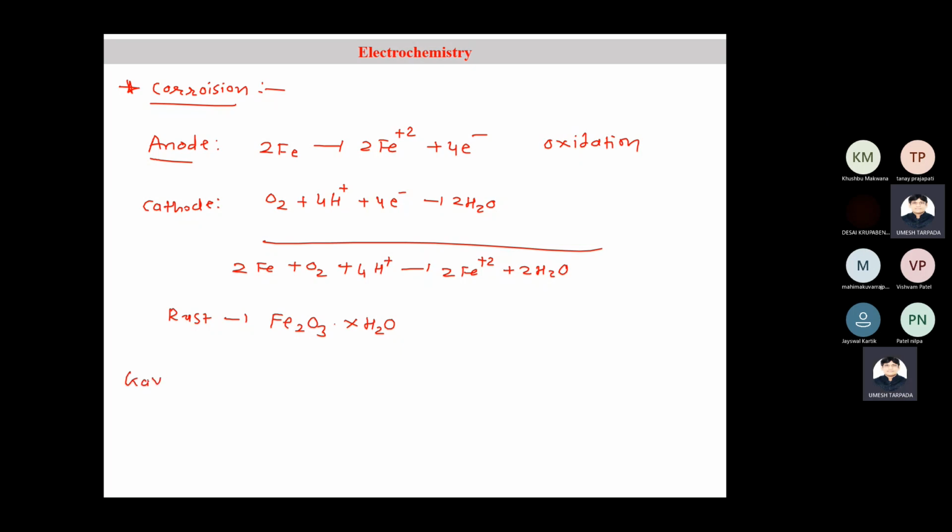What is galvanization? One of the very important processes. You often hear the word galvanized iron. Galvanization is nothing but electroplating of zinc on iron.